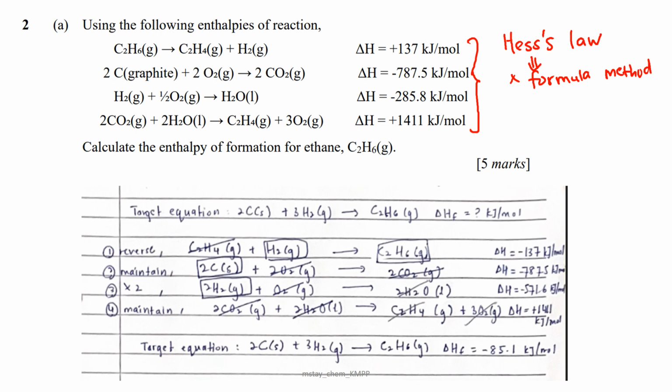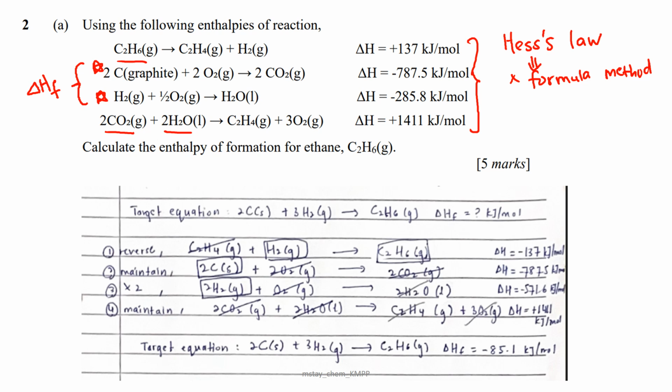Only equation 2 and equation 3 are considered as enthalpy of formation. We only can use the formula method when all the thermochemical equations given are enthalpy of formation. Because C2H6, CO2 and H2O are not elements, that's why they are not considered as enthalpy of formation.